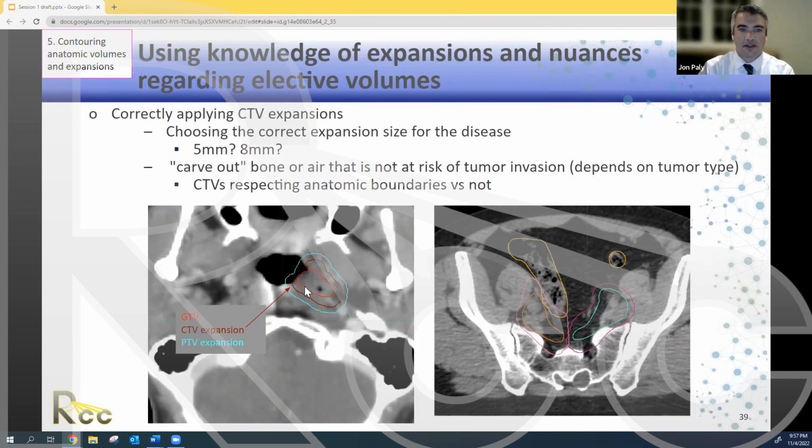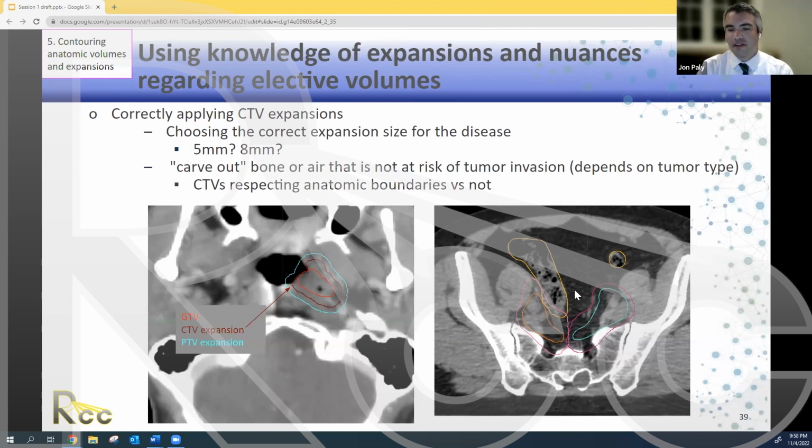The second thing to consider is how we are going to modify that to carve out that CTV from areas that we don't need to treat that are not at risk of tumor invasion. Things like air, as no tumor needs to invade air, and frequently bone, as many tumors don't invade bones. However, it's important to consider that some do, and so you need to account for that, especially in nasopharynx cancer, or some other disease sites.